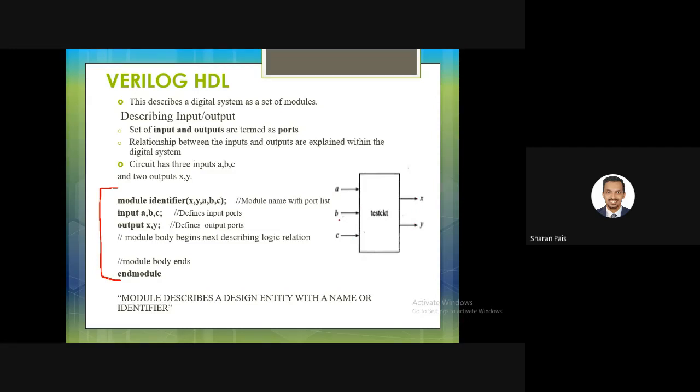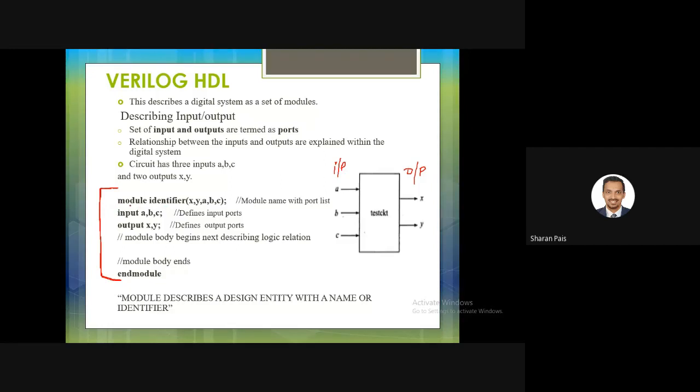The inputs are A, B, and C on the left side, and X, Y are the outputs, following the direction of the arrow. There can be many outputs, 2 or more. In that case, how do we implement this in software?